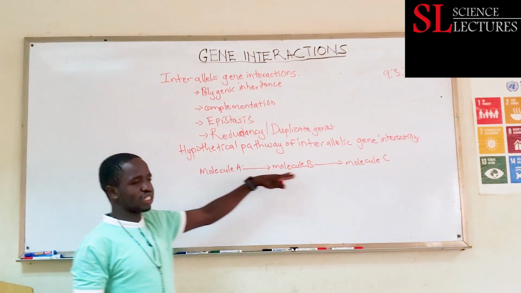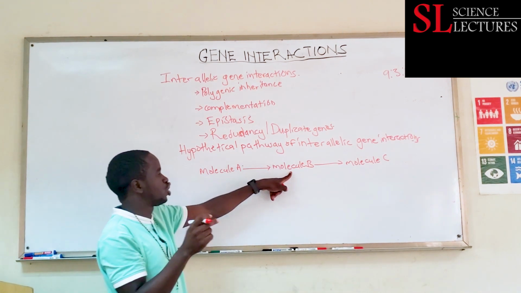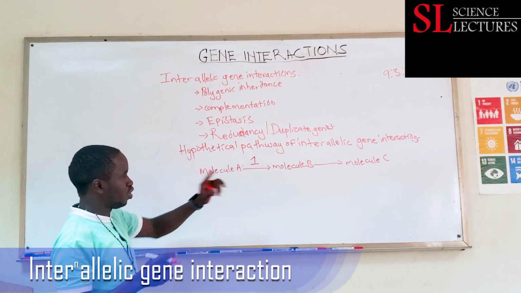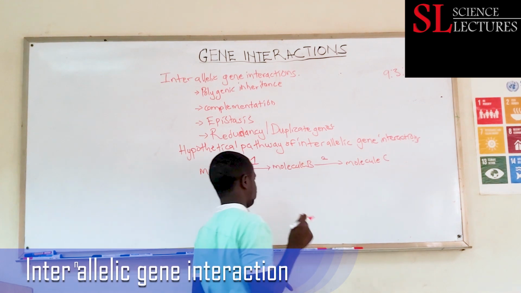We need to have specific enzymes. The conversion of molecule A to molecule B is by enzyme 1, and the conversion of molecule B to molecule C is by enzyme 2.